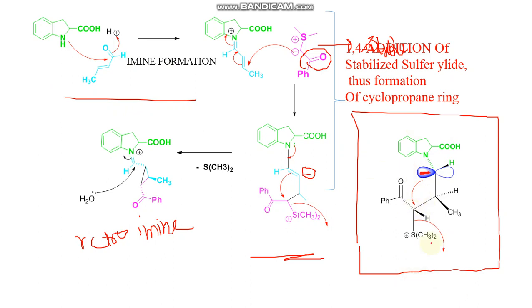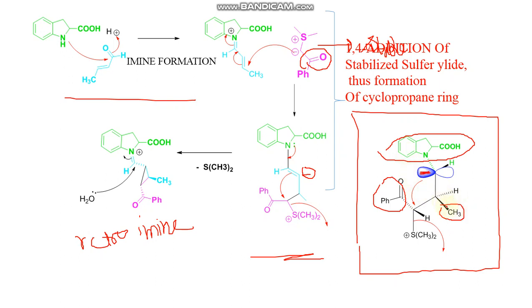Now in this intermediate, CH3 will retain such a position that it will not come into steric interaction with these two bulkier groups. These are two bulkier groups. That's why the CH3 group in the intermediate will try to attenuate the steric interactions from these two bulky groups.